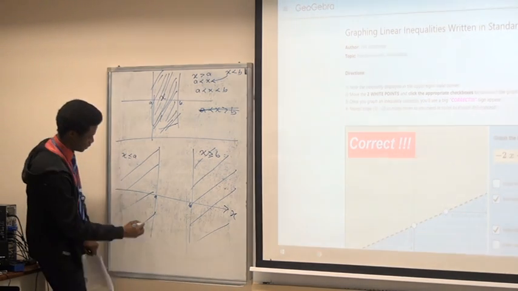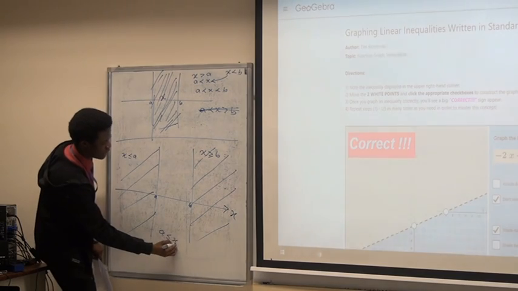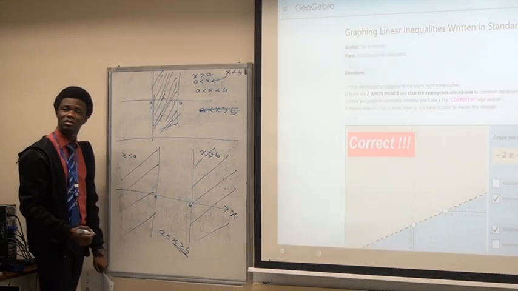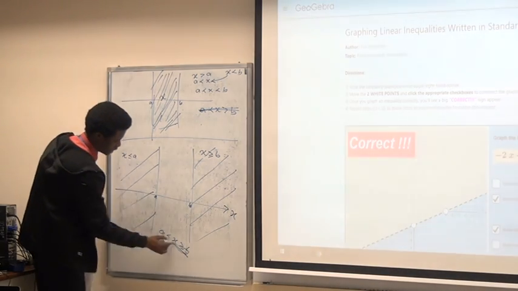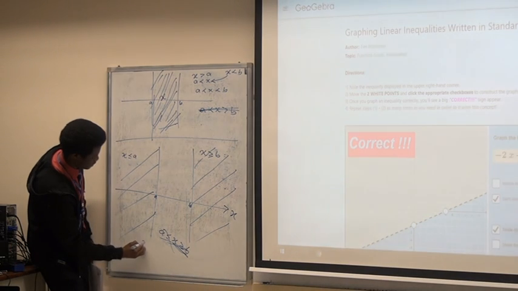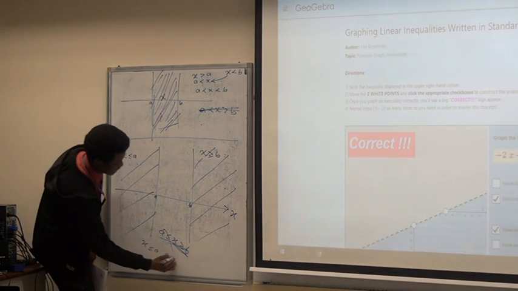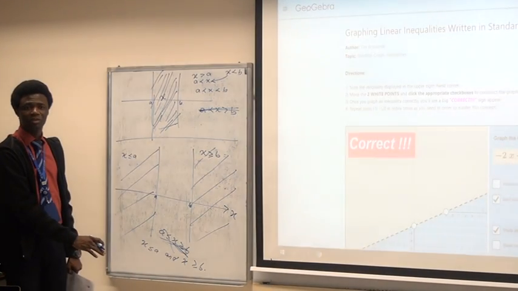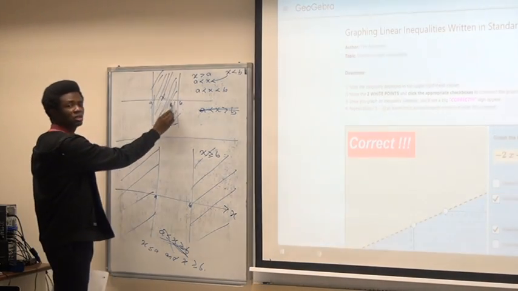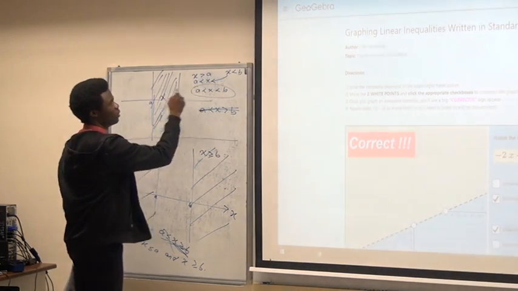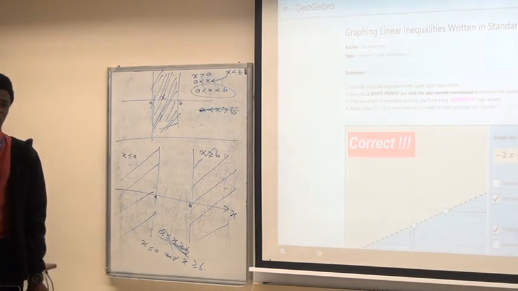So even though this can be A less than or equal to X, you can't write then greater than B because this is this part. So in this case, you can't combine the inequality. You can only leave it as X less than or equal to A and X greater than or equal to B. That's all you can have. But when you have a closed shaded part like this, you can have it in this form. Does it make sense?